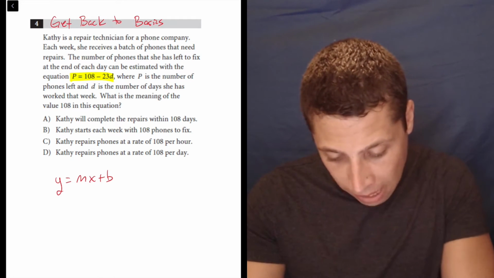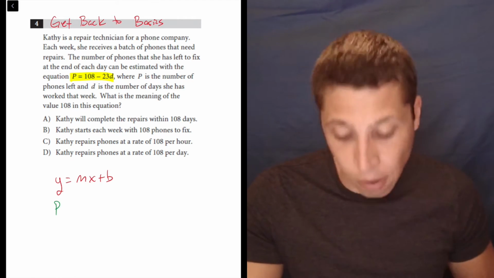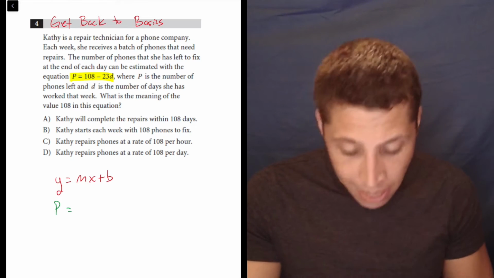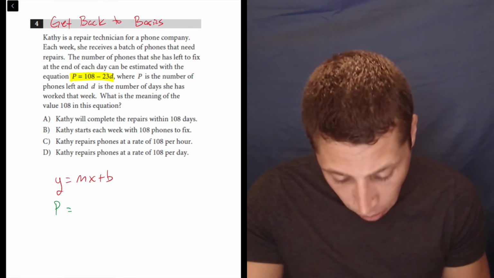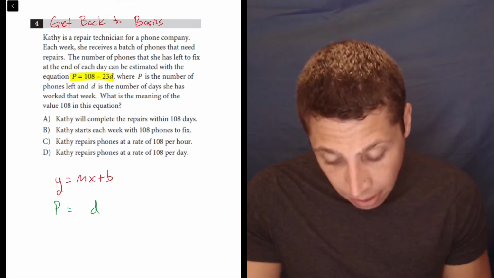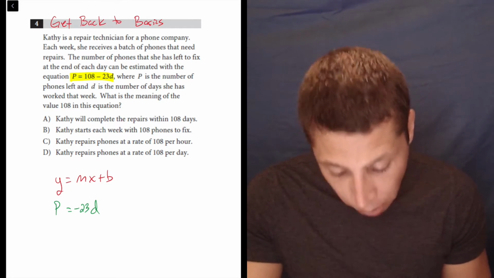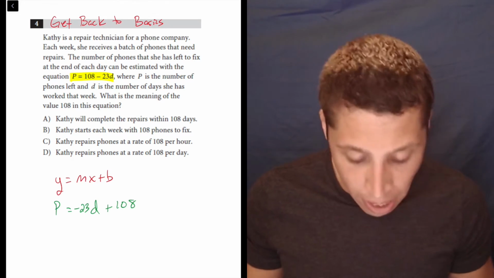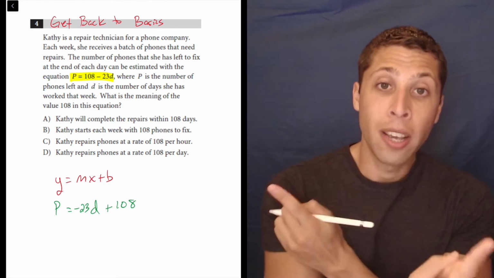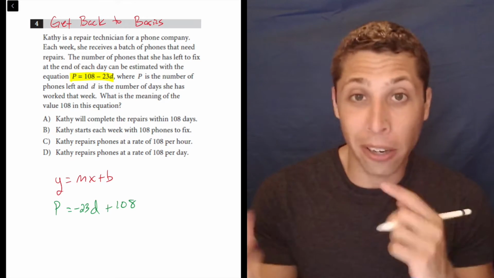So in this case, it's pretty clear. P is going to represent y. D must be x because that's the other variable, the other thing that we don't know. But if D is x, then the negative 23, which is attached to it, has to be the slope. And so what's weird about this equation is we've switched where the b and the m are located.